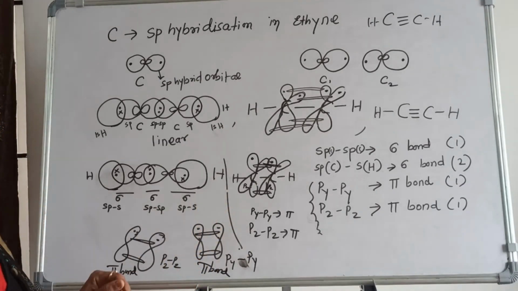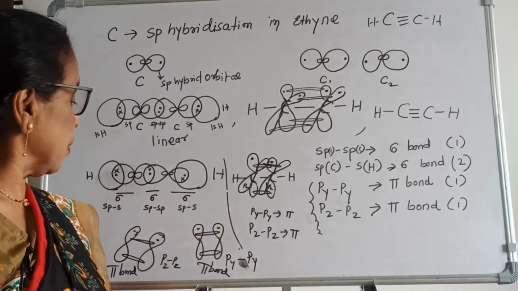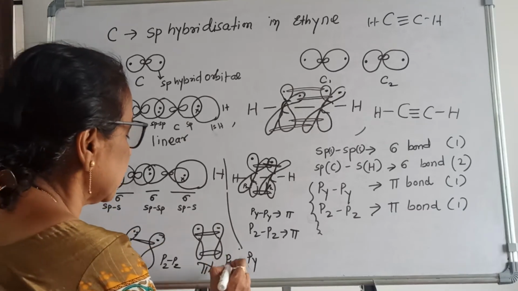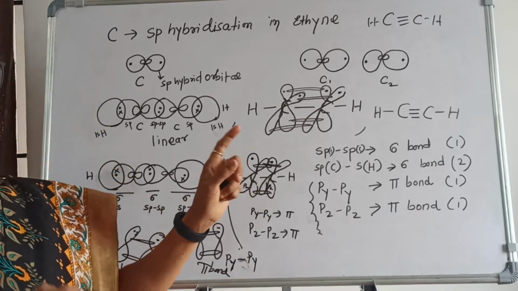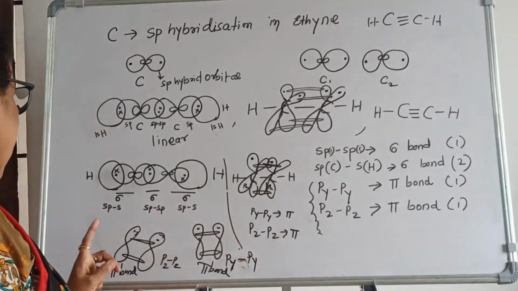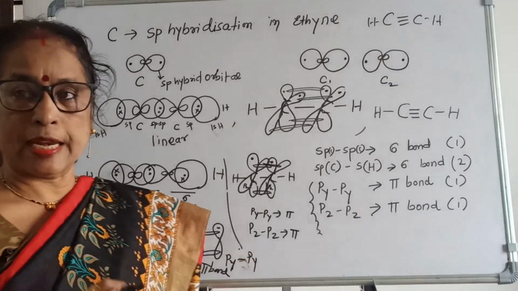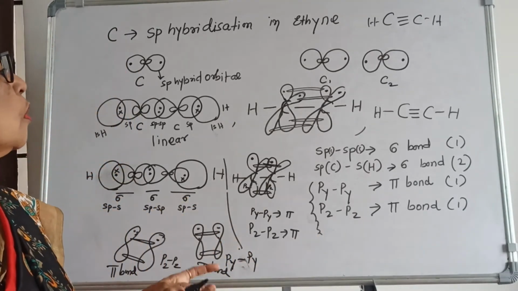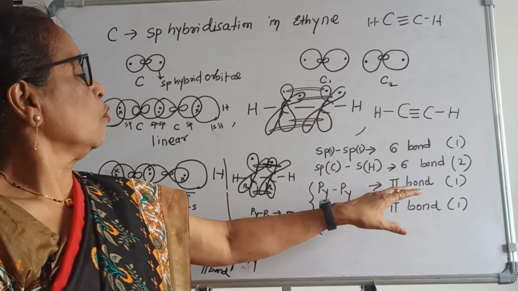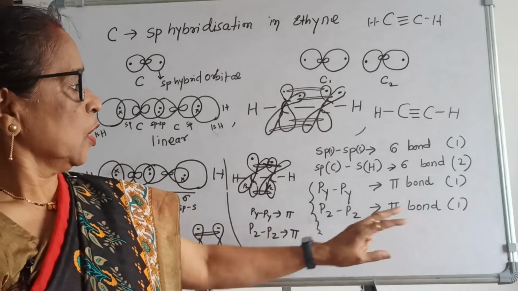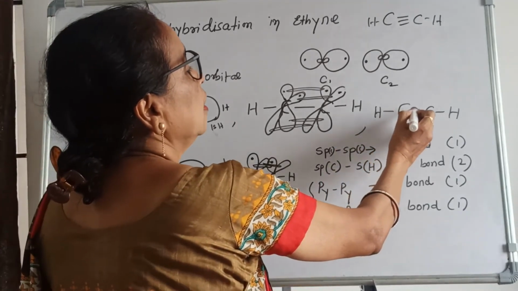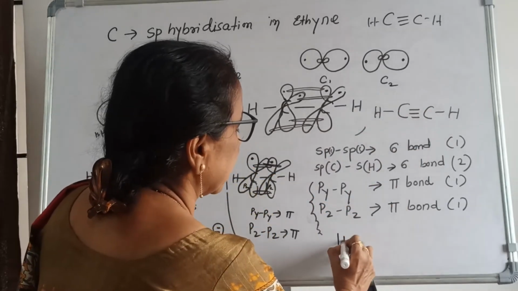Now I hope it is clear how the py overlapping takes place. Py overlapping forms a pi bond, and pz overlapping forms a pi bond. So how many pi bonds? 1 and 1, 2 pi bonds. So the structure is like this.